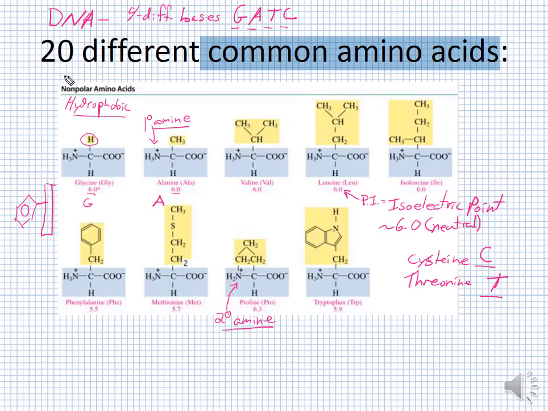Protein has 20. So, valine is V, proline is P, phenylalanine is F, because why not? It starts with an F sound.